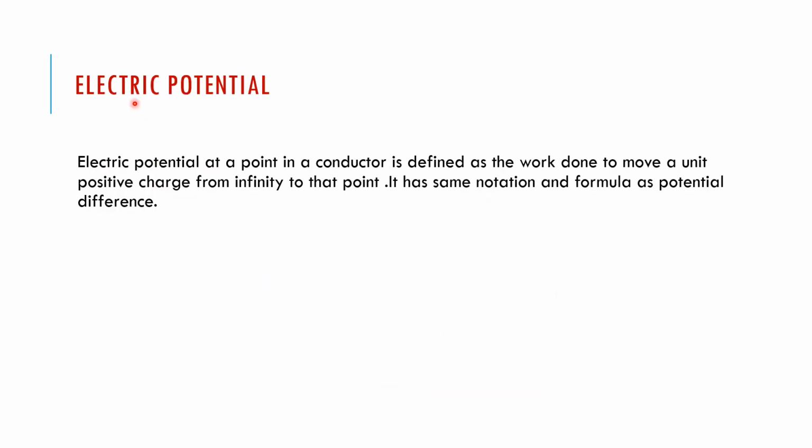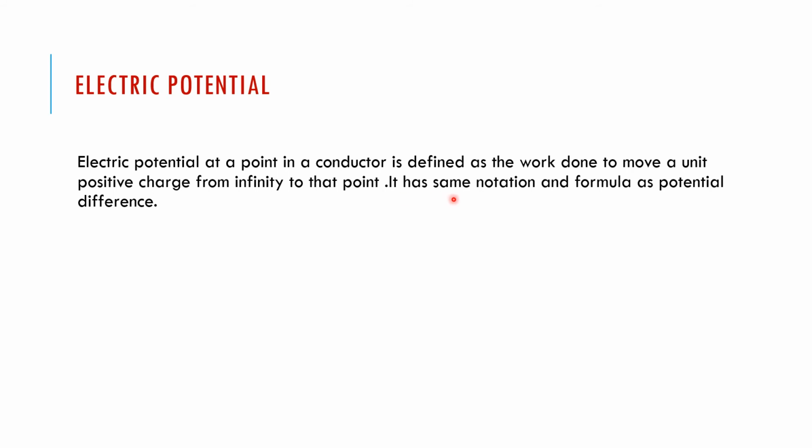Now one more, in the heading you might have seen electric potential also. It is similar to potential difference only. Electric potential means it is with respect to a particular point, whereas electric potential difference is with respect to 2 points. So electric potential at a point in a conductor is defined as the work done to move a unit positive charge from infinity to that point.